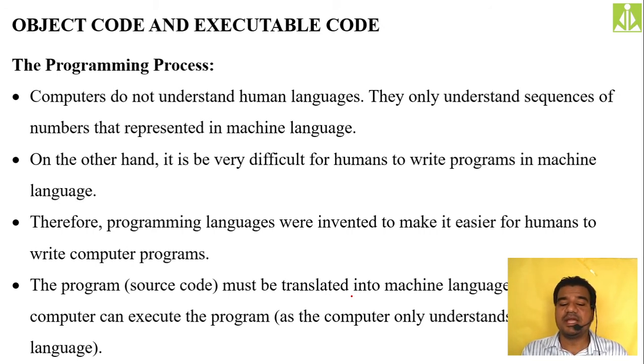On the other hand, it is very difficult for us. The computer will understand only the machine language. Can't we learn that machine language so that we can code the instructions directly into machine language? Why are we dependent on other programming languages rather than coding the instructions in machine language?